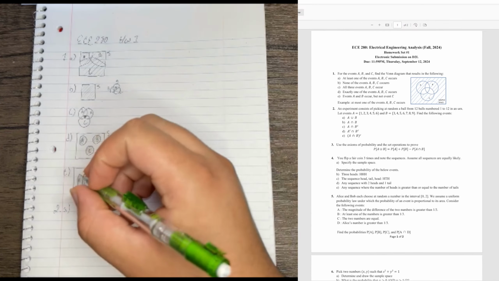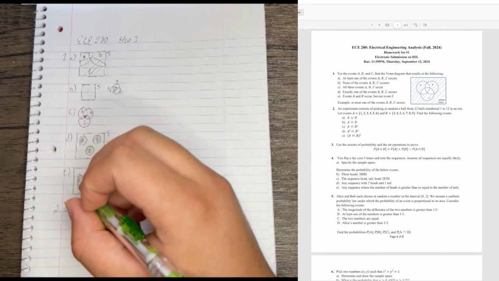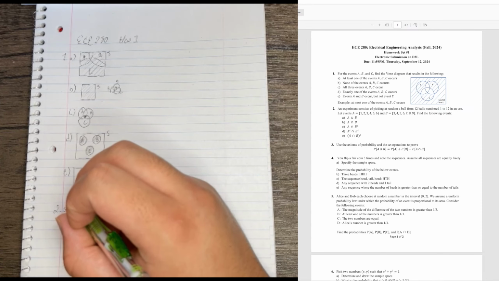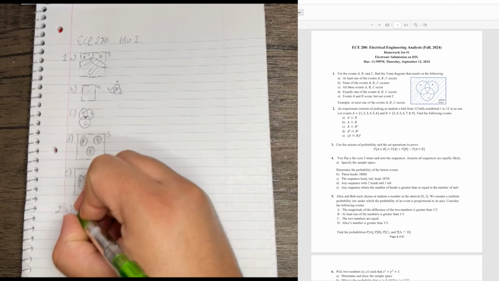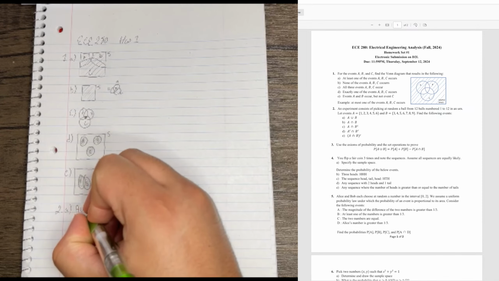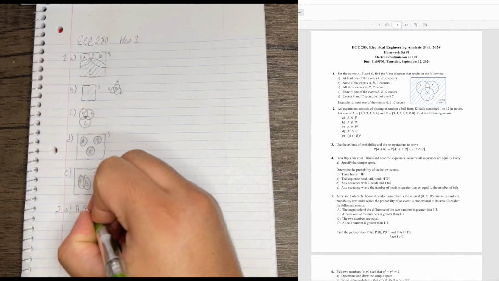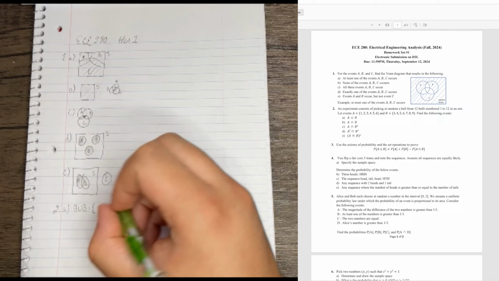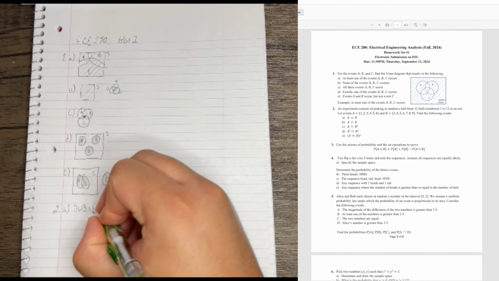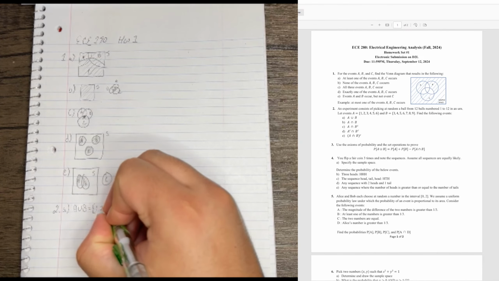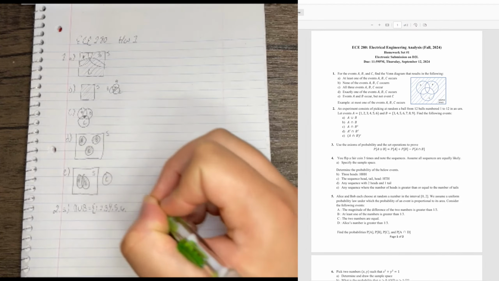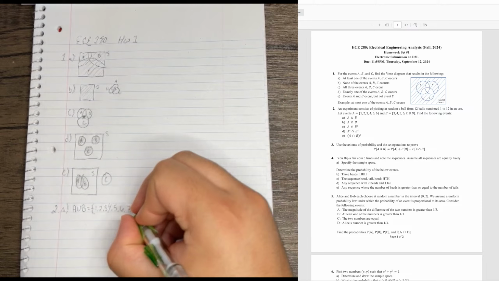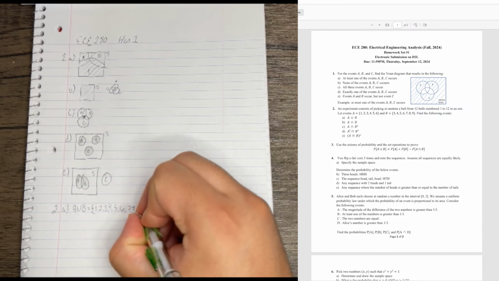With that knowledge, we can know that for A union B, we just combine them all. A union B will be equal to 1, 2, 3, 4, 5, 6, 7, 8, and 9.